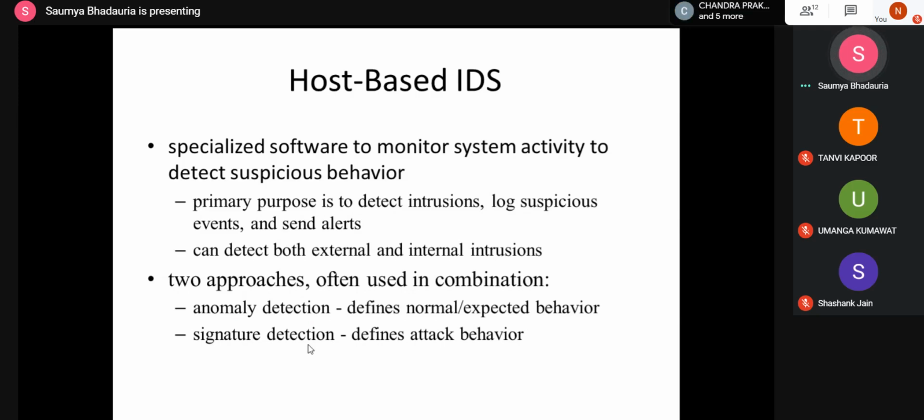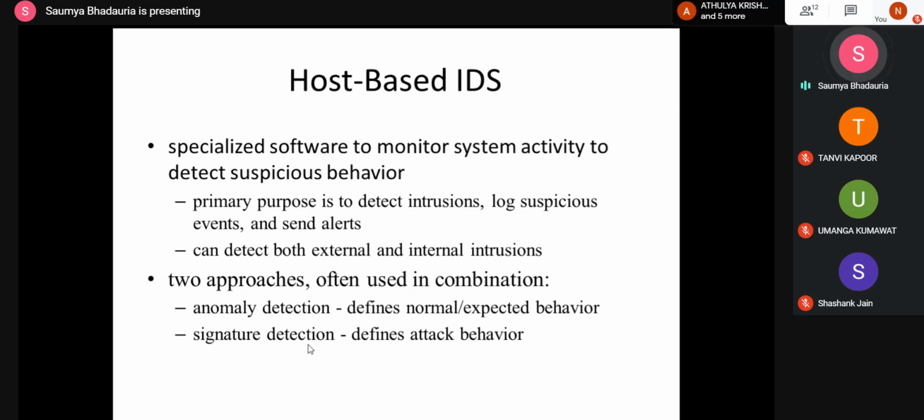Here, templates would be created of possible attacks. If any template matches the behavior actually happening on my system, I would categorize that behavior as an attack.